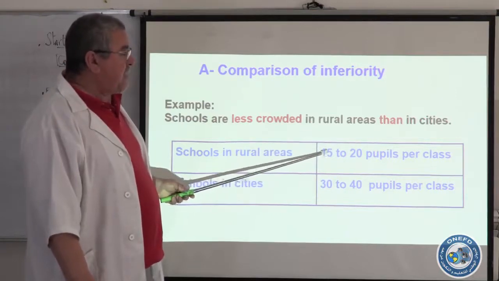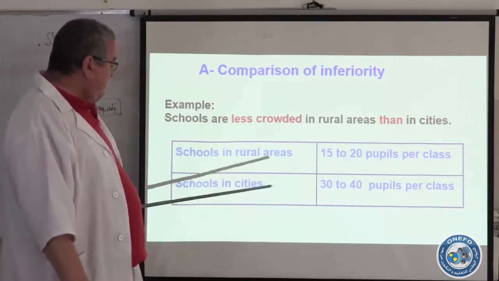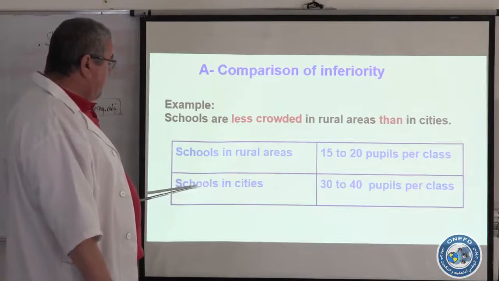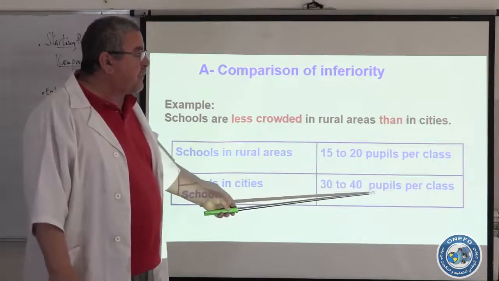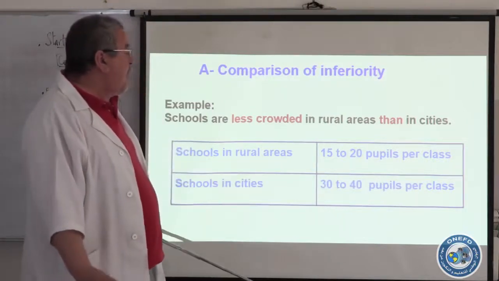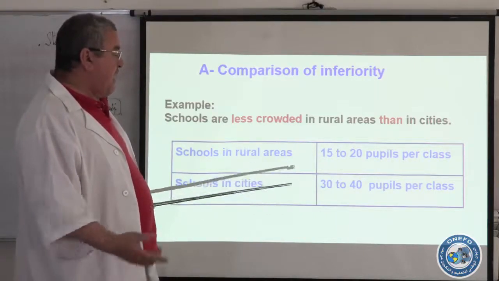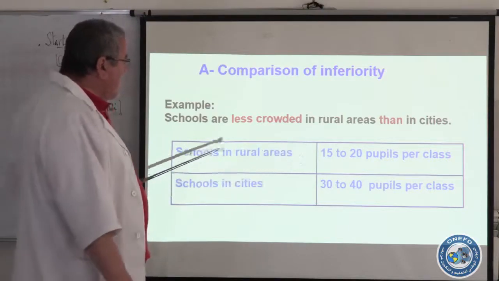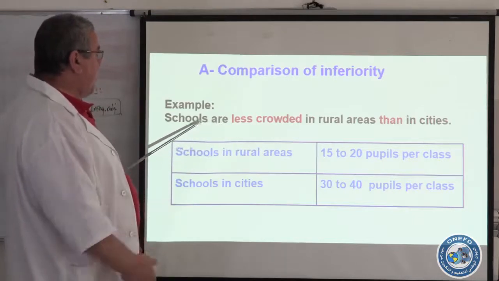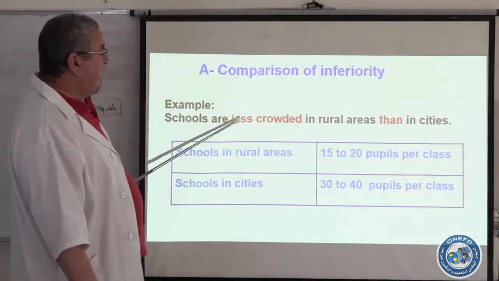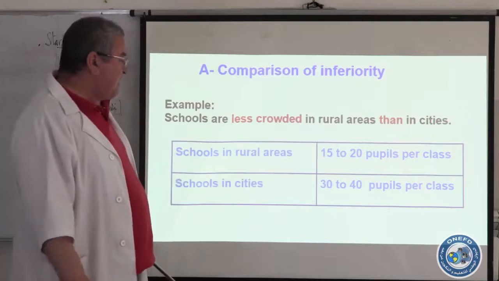We find 15 to 20 pupils per class in schools in rural areas, in comparison to schools in cities, where we find 30 to 40 pupils per class. So, what number is smaller? It is the number of pupils in schools in rural areas. And this is how we make the comparison and say schools are less crowded in rural areas than in cities.